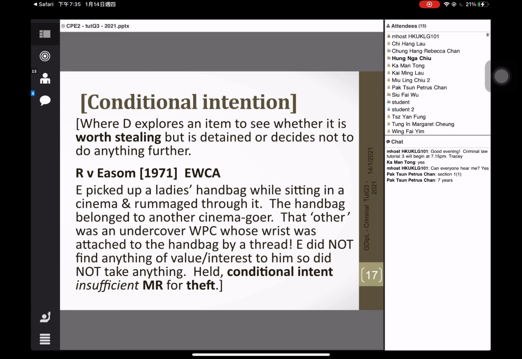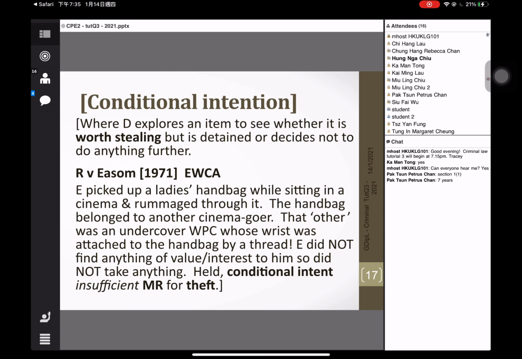For example, there might be some sort of conditional intention on my part when I want to go and burgle someone's flat. I don't necessarily know what's inside the flat. Does the flat owner have a collection of bow ties? Or has that collection of bow ties that I've read about been sold? So the defendant explores inside the premises to see whether anything is worth stealing.